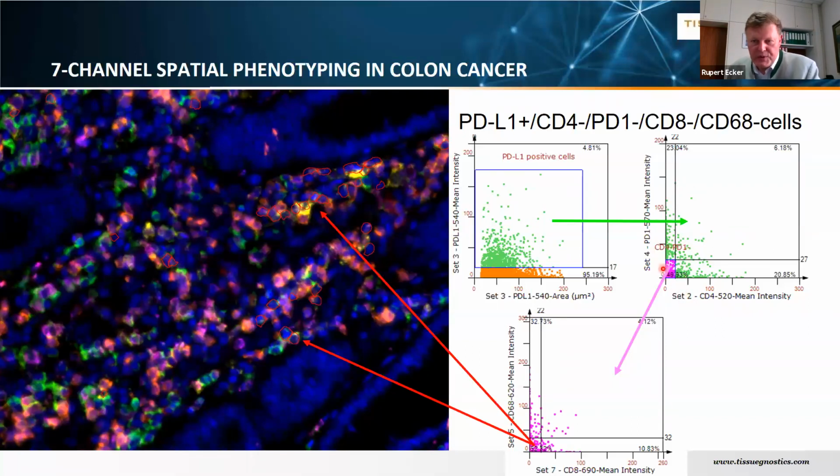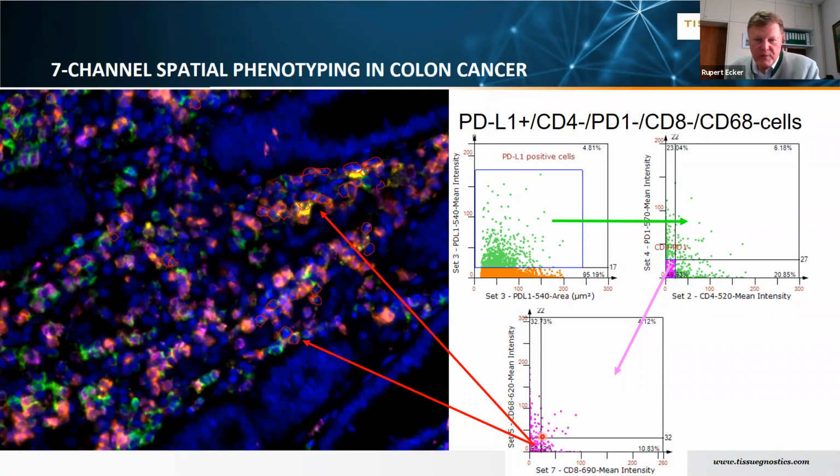Now we take what is called the lower left quadrant from our 4 quadrants, upper left, upper right, lower left, lower right. We take the lower left quadrant as input gate for our third scattergram, which shows here the CD68 and CD8. These are the double negative cells, CD8 negative, CD68 negative.